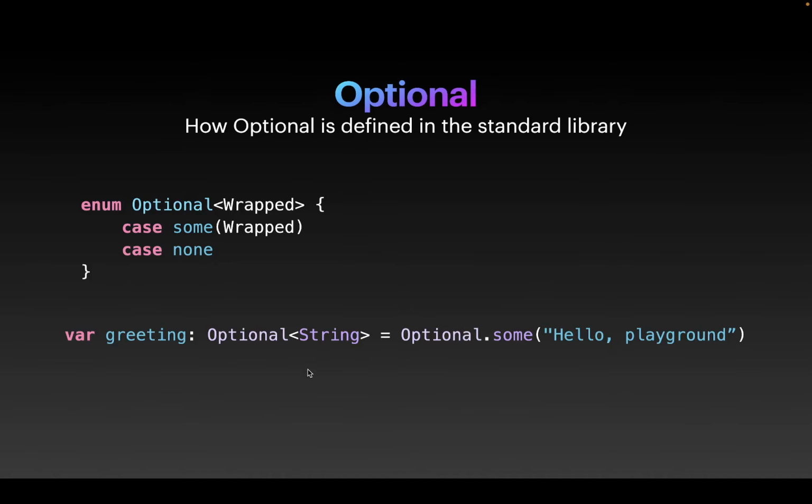On the right-hand side of the assign symbol, we can declare an optional with Optional.some and put the string inside the parentheses. Okay, this is how you define an optional in the most verbose way.